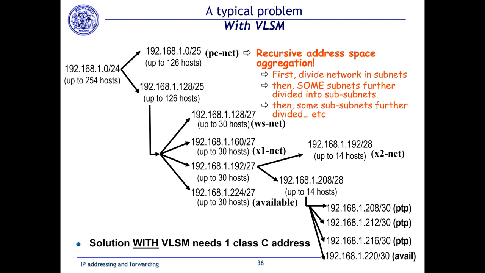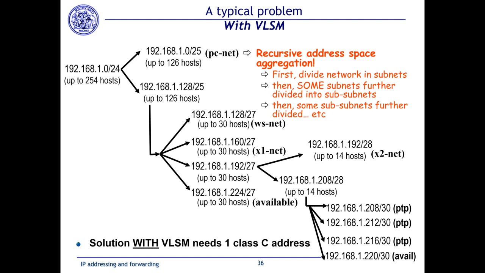Here we started with a block of 128 addresses. We need blocks of 32 addresses. How many blocks can we create? We can create four blocks of 32. So 4 blocks of 32 stay in one block of 128.